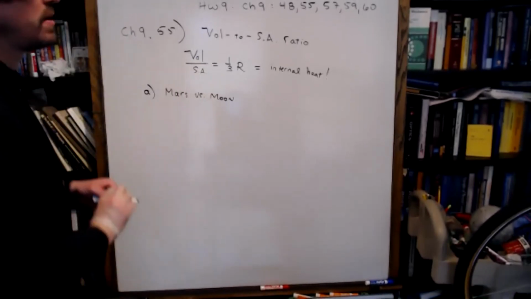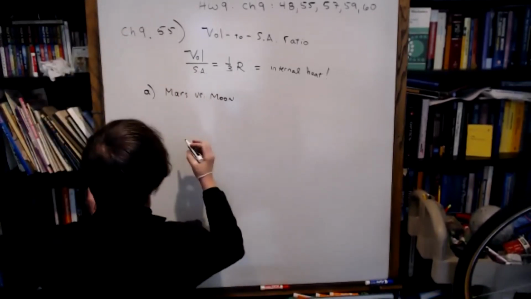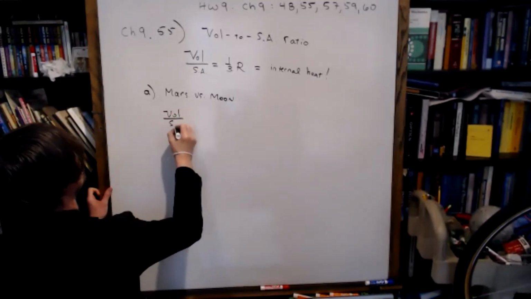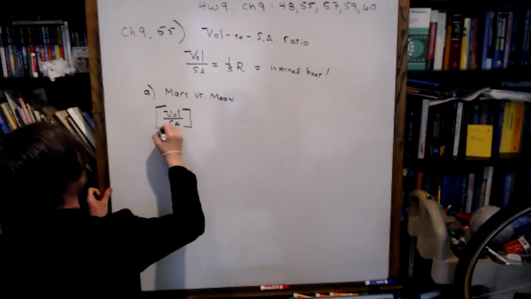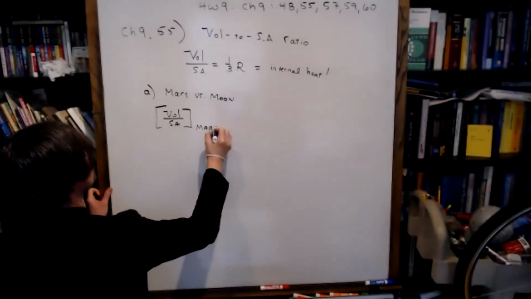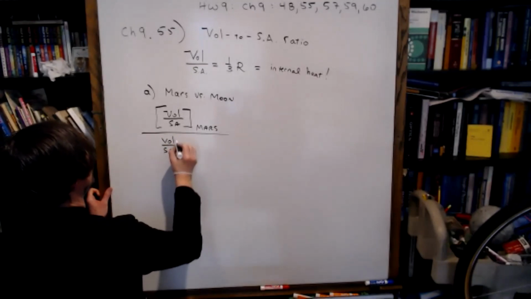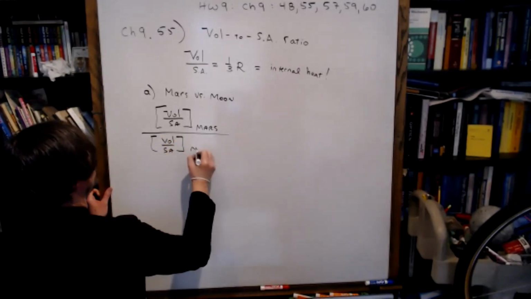All right. We're going to write it like this. We're going to have the volume to surface area ratio for Mars, divided by the volume to surface area ratio for the Moon.